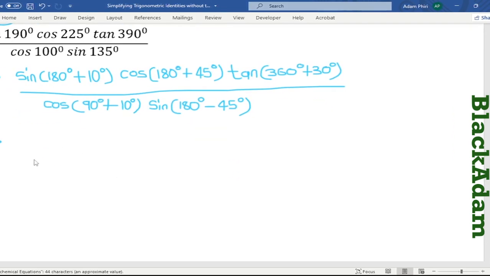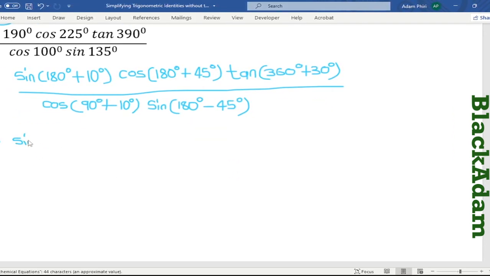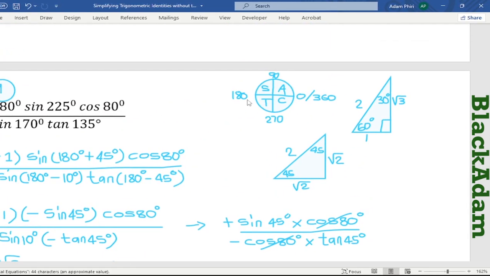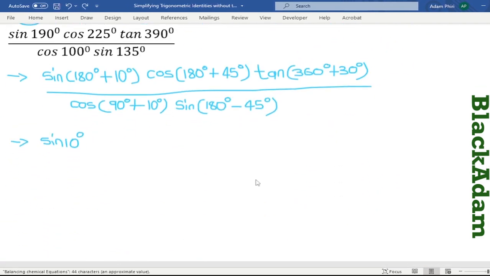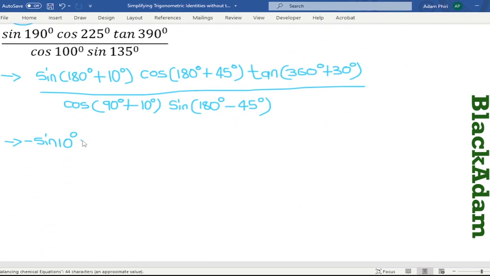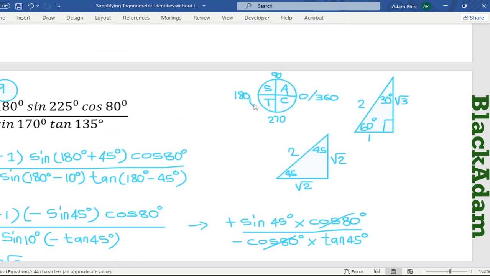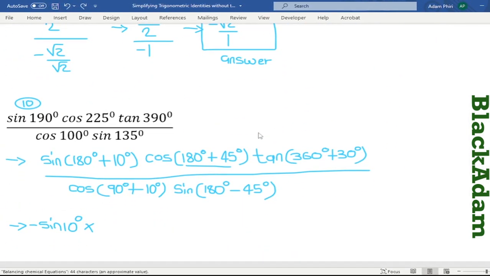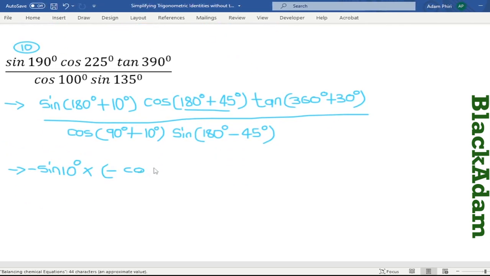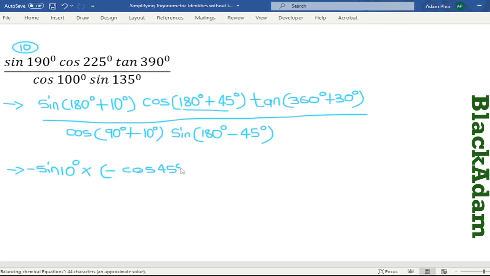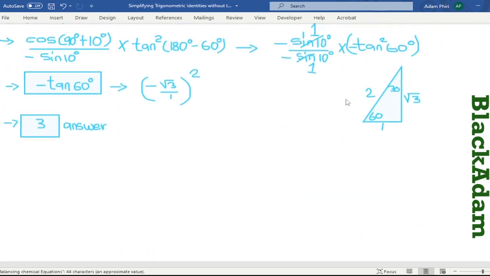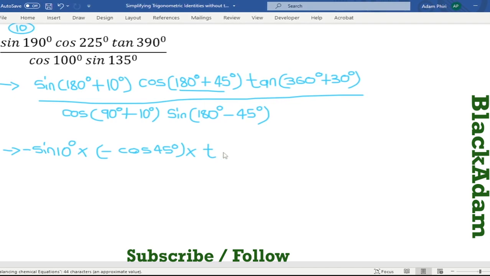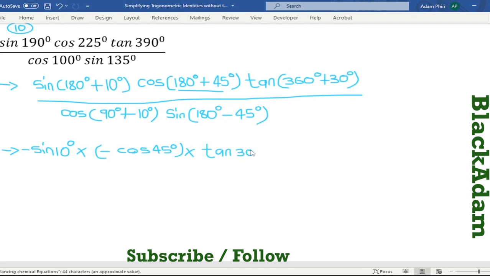So all of that will give us sine 180 plus 10, that should be negative. So the numerator is going to be negative sine 10 degrees multiplied by cos 180 plus 45, that's negative for cos, so negative cos 45 degrees, and then multiplied by tan 360 plus 30, so that will be positive tan 30 degrees.